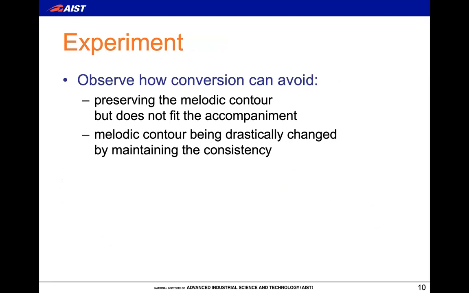In the experiment, we have observed how conversion can avoid two unwanted scenarios. One of the scenarios is that the melody preserves the melodic contour, but does not fit the accompaniment. The other case is the melodic contour being drastically changed by maintaining the consistency.